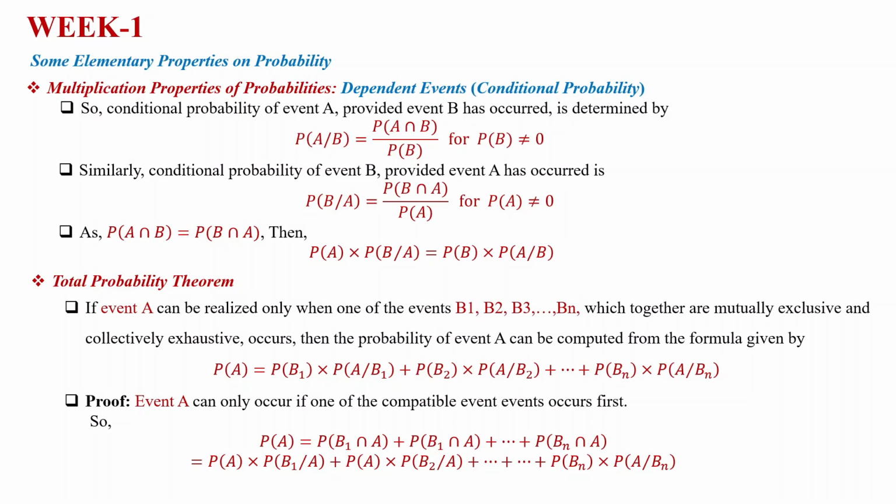How can it be proved? Suppose event A can only occur if one of the dependent events occurs first.